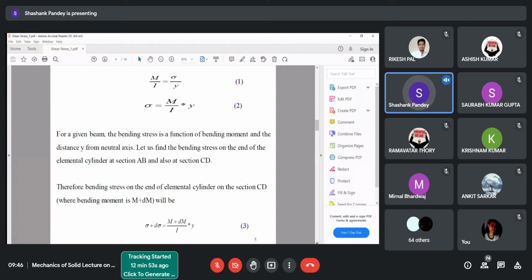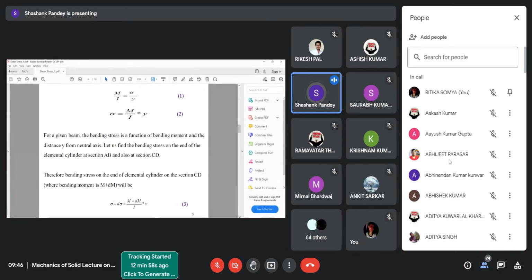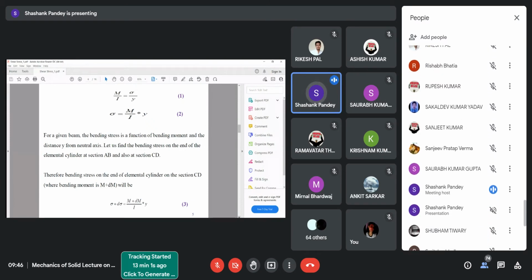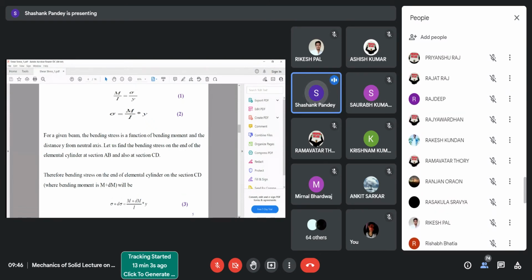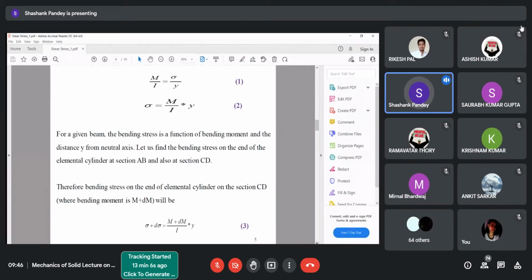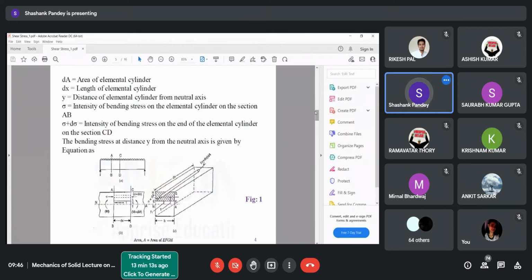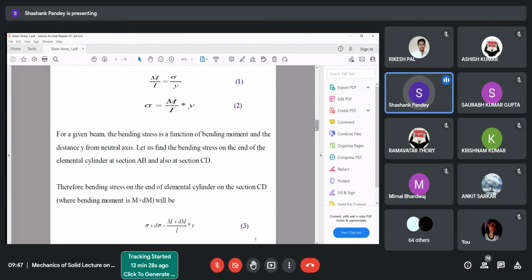But in our problem, we are also interested in knowing the bending stress at a distance of dx, that is at plane CD. At CD, we can see that it has a bending stress of sigma plus d sigma, whereas the moment has increased from M to M plus dM.